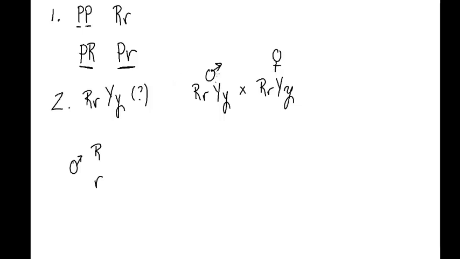If you don't know, this symbol with the arrow pointing up represents a male, and this one going down is a female. I was always told to remember that's like a lady always keeps her legs crossed, and that's how I was taught that as a child. Here are mom's alleles, and let's just throw in our Punnett square. Whoops. See if I can draw a straight line for us. Apparently not today.